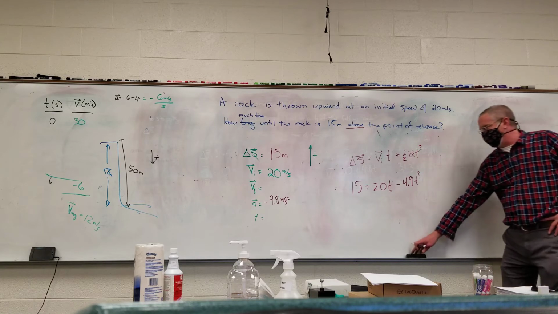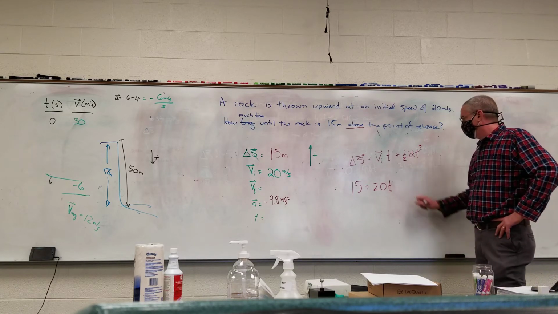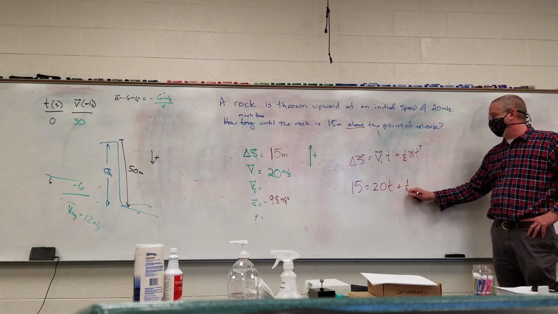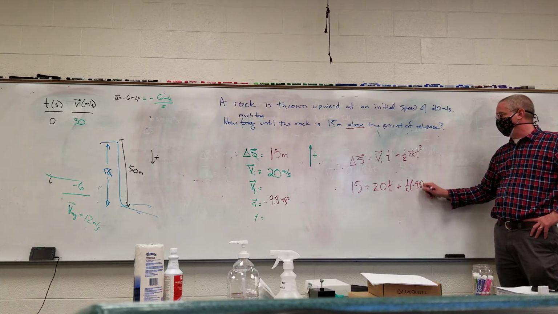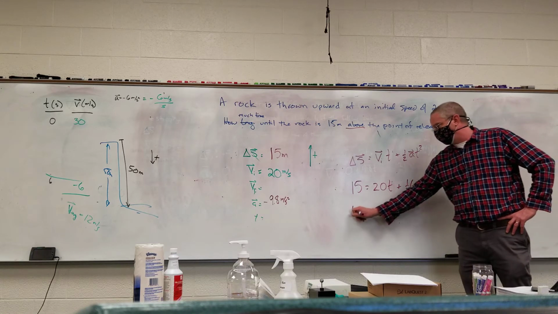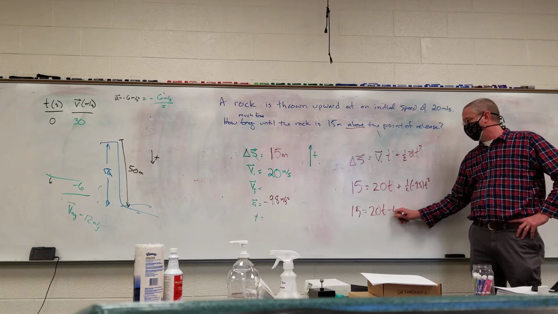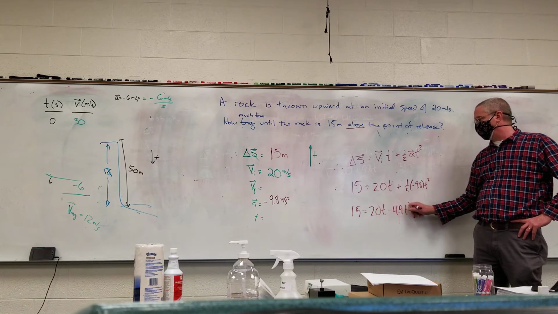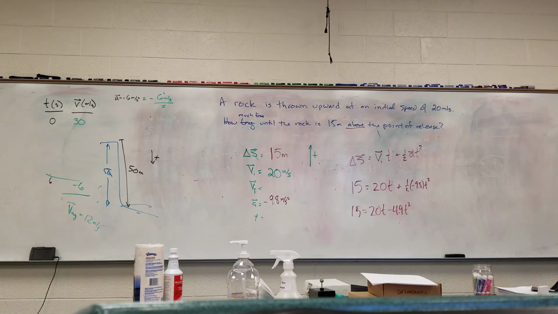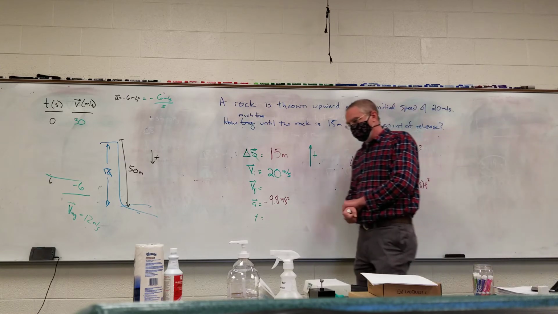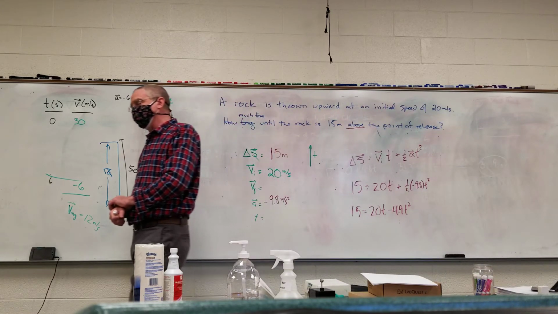I'm gonna put in the intermediate step that I just skipped: plus 1/2 times negative 9.8 t squared. So 15 equals 20t minus 4.9 t squared. This is a quadratic equation, so more than likely, we'll be using the quadratic formula.